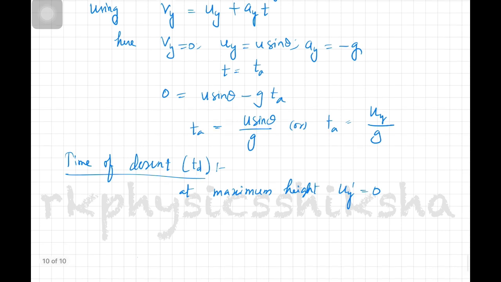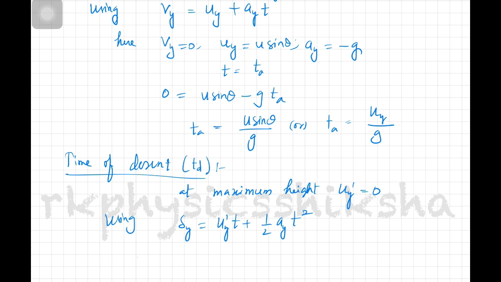So I use the equation Sy is equal to Uy dash into T plus half into Ay into T square. I could use Uy itself here, but I already considered Uy as the vertical component of the initial velocity.